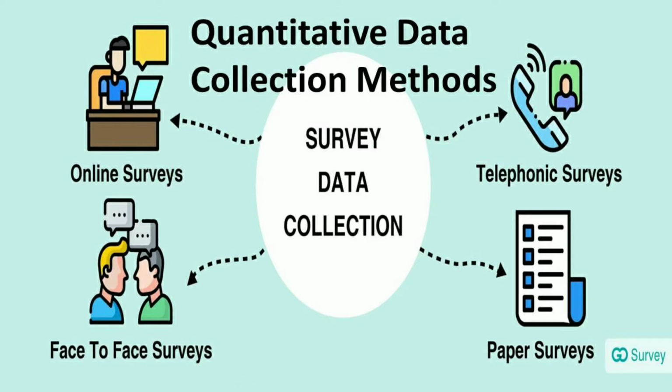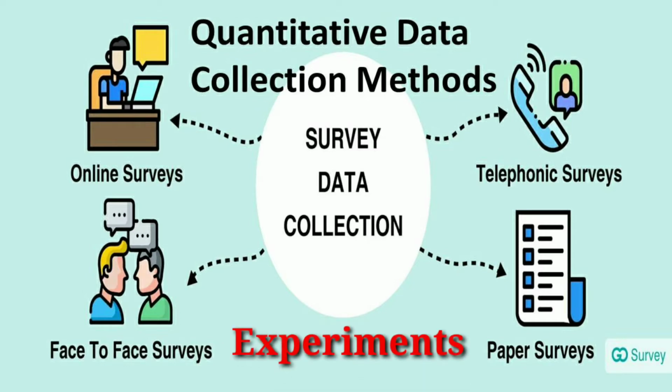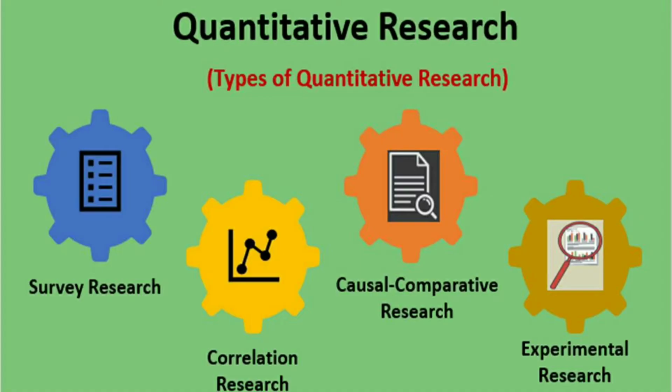It also includes a method like experiments. An experiment is a situation in which the variables are controlled and manipulated to establish a cause and effect relationship. So these are the various quantitative research data collection methods.